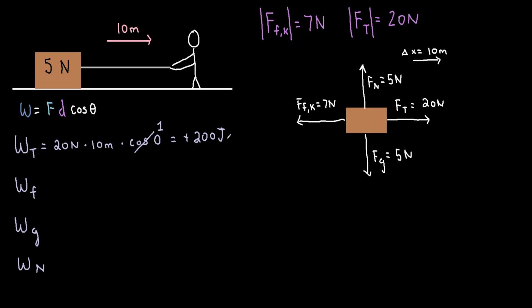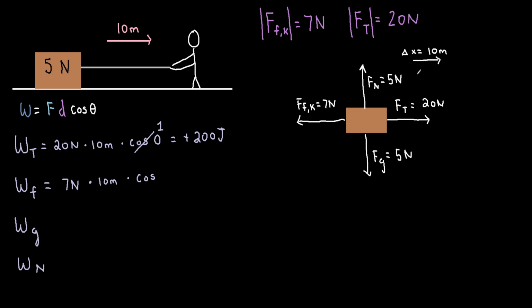Now let's solve for the work done by the friction force. So the work done by the friction force is going to equal the force of friction, which is 7 newtons, times the displacement of the object, which is 10 meters, times cosine of the angle between the force of friction and the displacement vector.